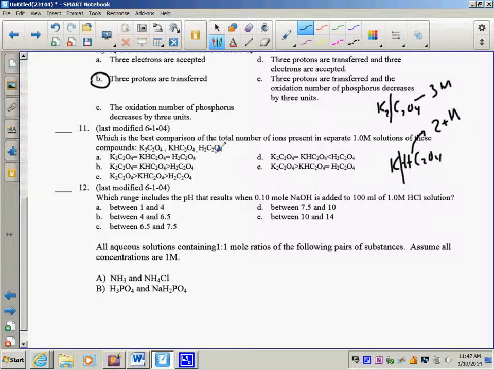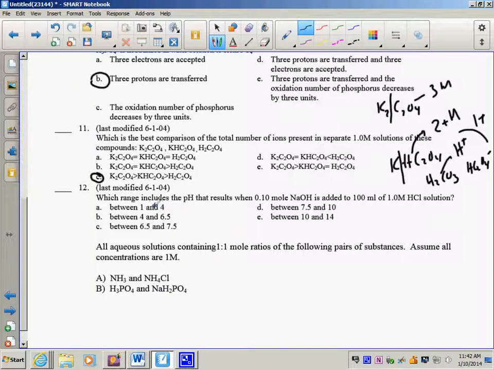This one here, we'll get H2C2O4. A very small fraction of it will flip over to H plus ions and HC2O4. So really, we're not going to be much more than 1. Therefore, this is the highest, followed by this one, and C is therefore the answer. Based on whether you're just a simple ionic compound or whether you're an acid, and a weak acid at that.